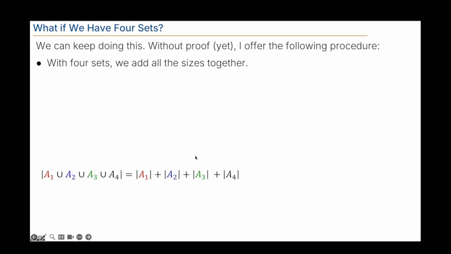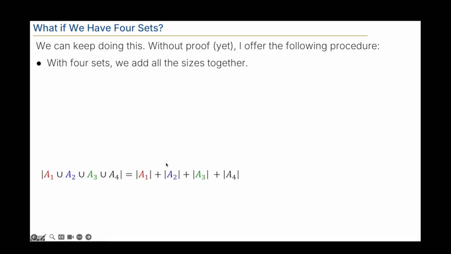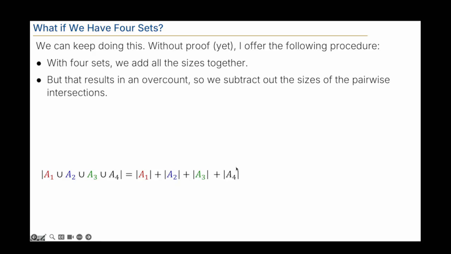We can keep doing this, and without proof, I'm going to offer a procedure that if you had 4 sets, you could do the following. We want to know what's the size of the union of these 4 different sets. We add up the size of the individual sets, but that's an overcount, right? We've overcounted items, because some things are going to be in more than one of these sets, and so they're going to count in both.